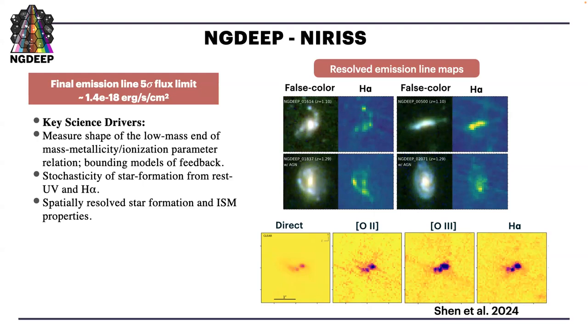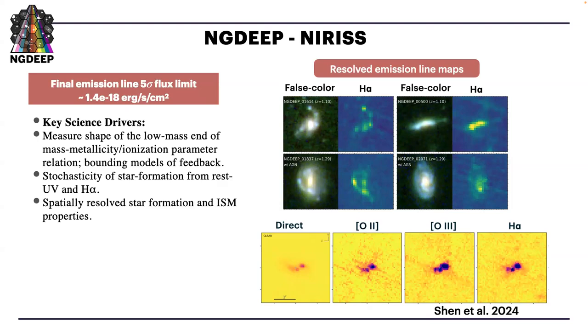I also want to highlight that we can do spatially resolved star formation and ISM properties. This is because of the design of the NGDeep NIRISS, where we have 4 different position angles, so we can reconstruct the emission line maps as shown here.